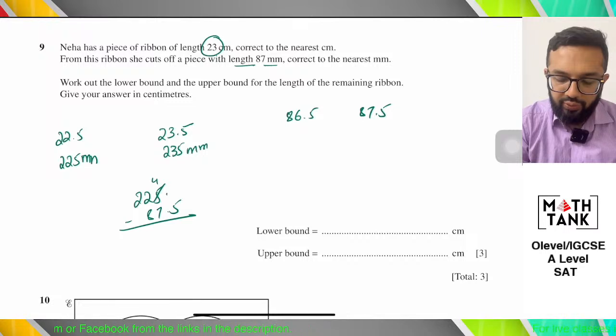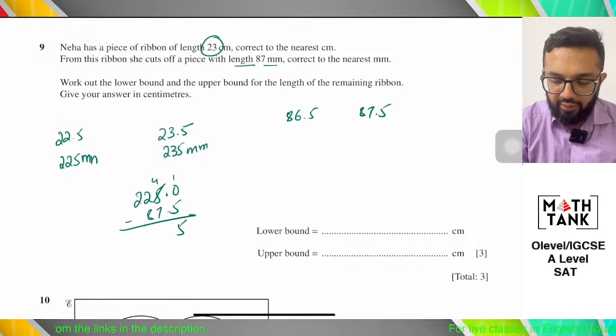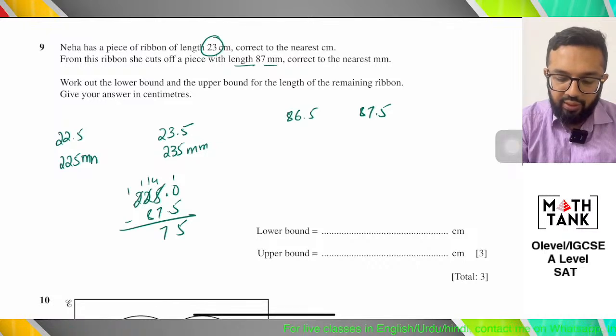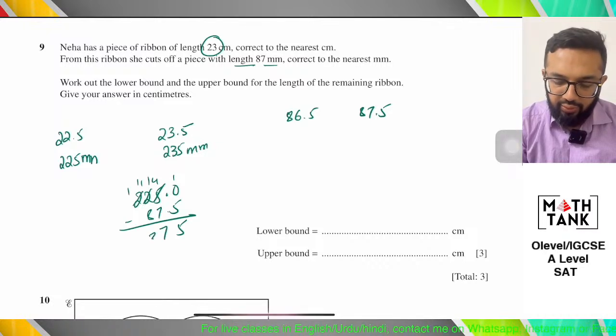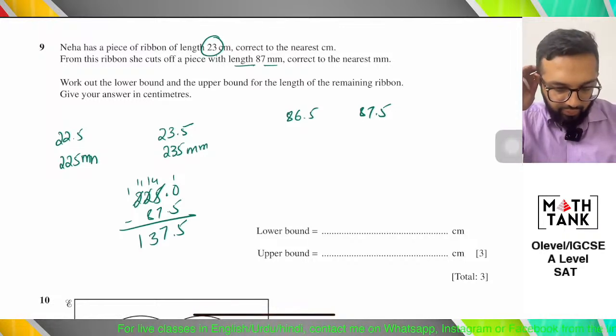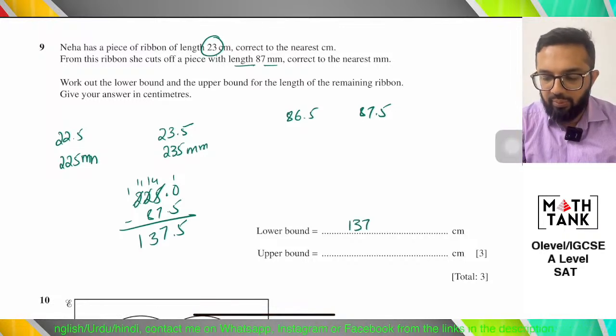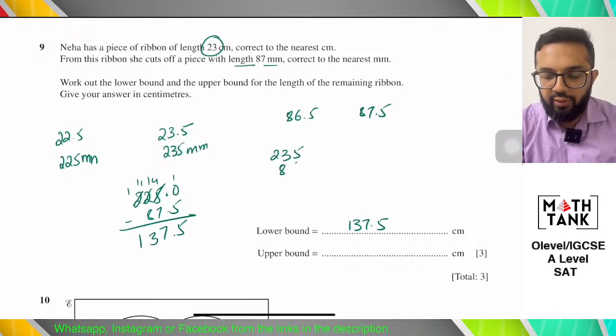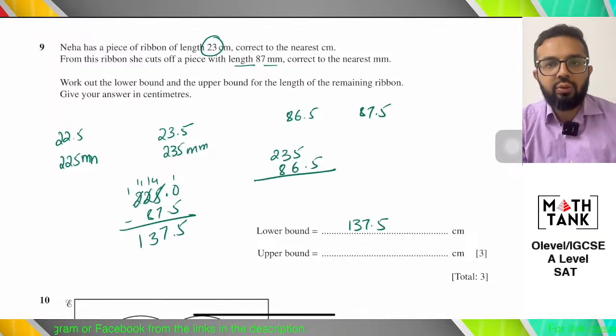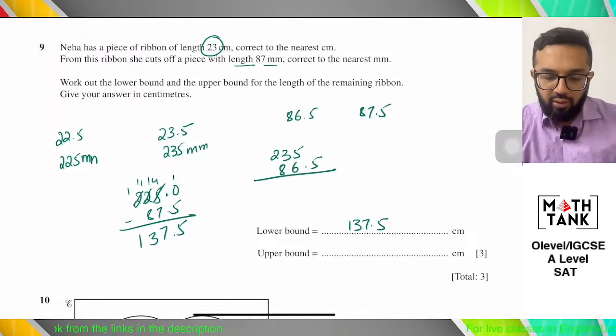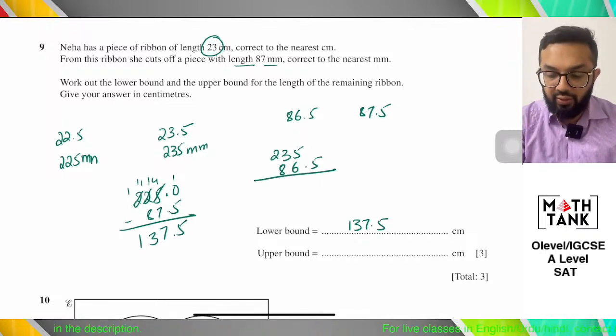You borrow first. 5 subtract 7, we can't, so it's 137.5. So that's the lower bound. Then I could have the ribbon as long as possible and I need to subtract the shortest possible piece that I've taken from it.